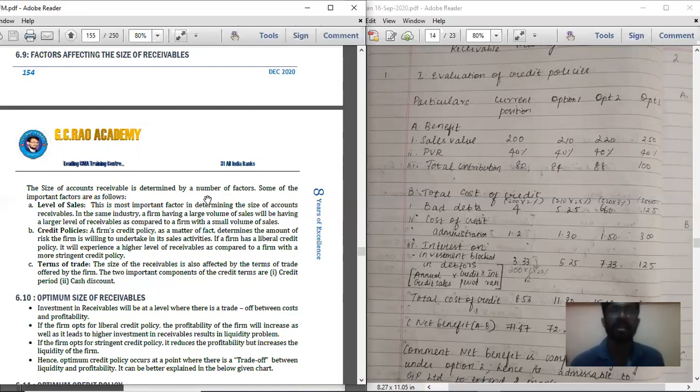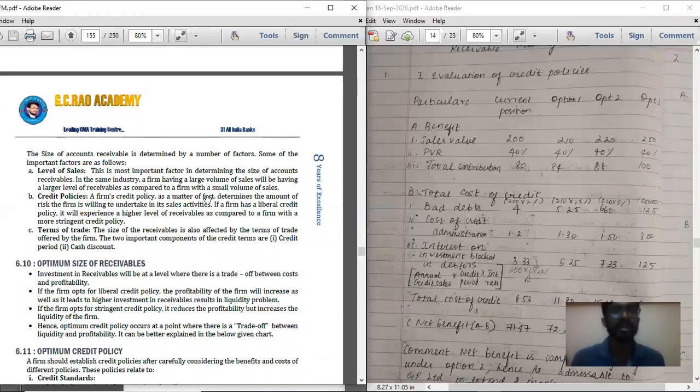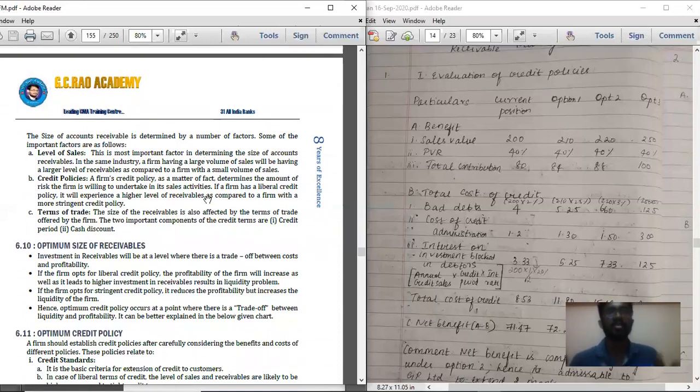And credit policies: instead of giving 1 month or 2 months, you are giving 1 year or 2 years credit, then accounts receivable is higher. And terms of trade are credit period and cash discount. Suppose for a 6 months credit period, if you pay before 3 months, you will get some discount. All these are terms of trade. So whether your accounts receivable is very large or small, it is determined on the basis of level of sales, credit policy, and terms of trade.